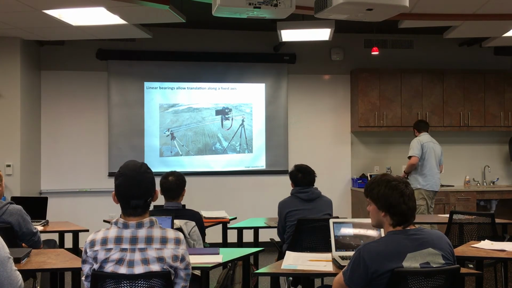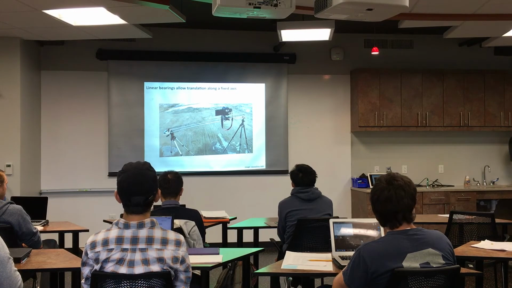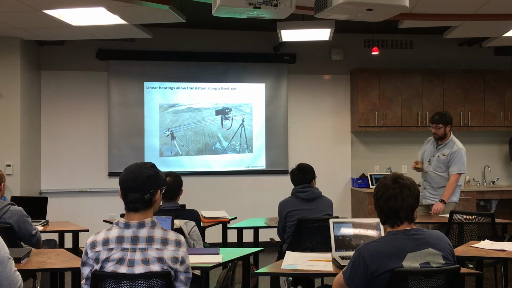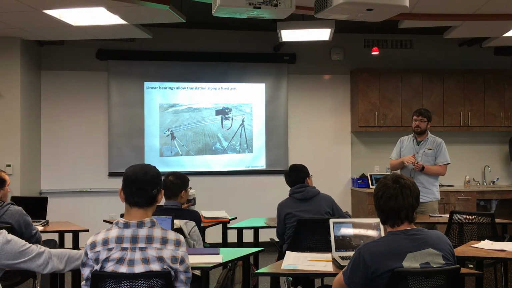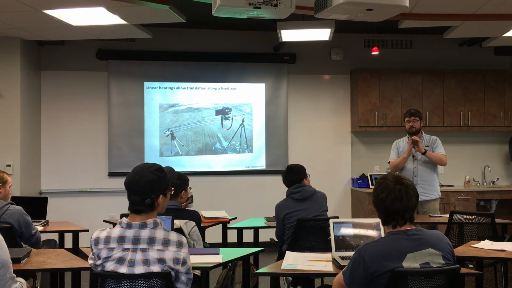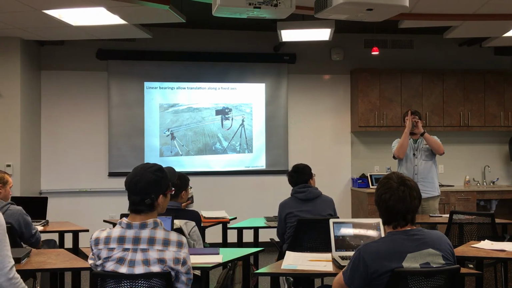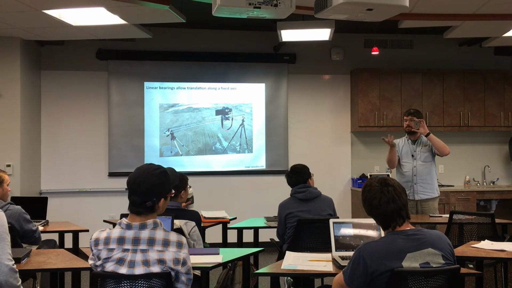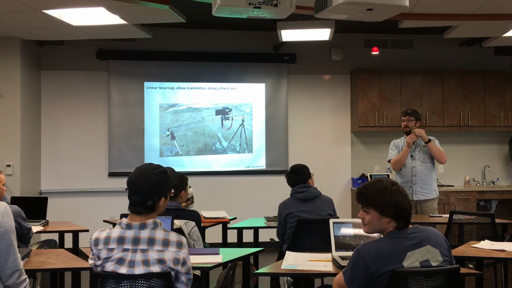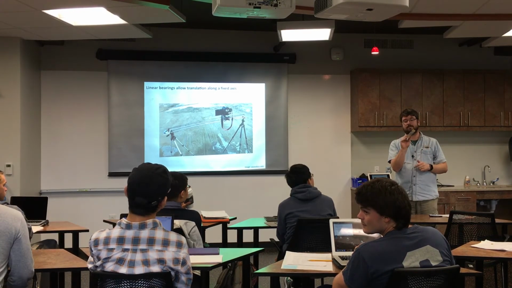You can also use, let's see, we've got it over here. This isn't really a linear bearing. This is a kind of roller bearing, really. But Chris used this in the lab to have a linear translation with bearings on it. Do you want to say any more about that? That was a commercial product a while ago.